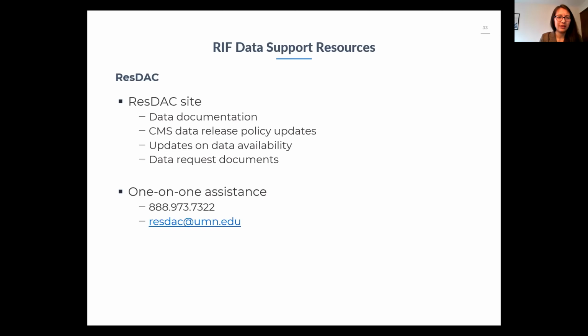We also have all the information on CMS data release policies. So we'll be posting availability information and then any changes and data use agreement policies. And then we also host the data request documents. When you're ready to submit your request after you've done all this background research, you can get the materials on our site.